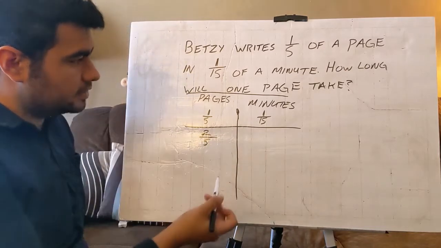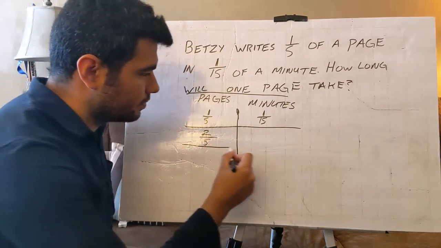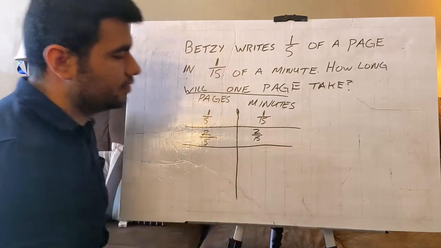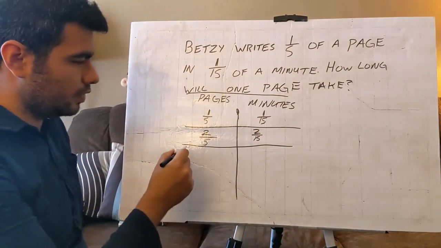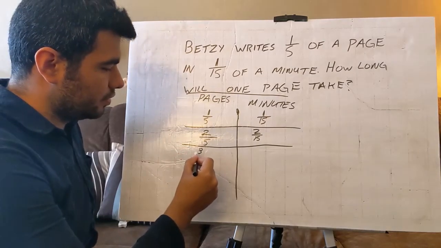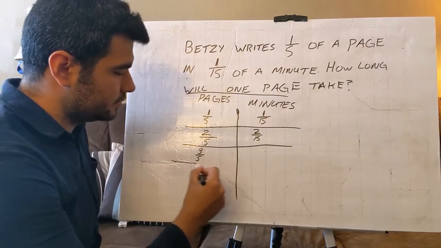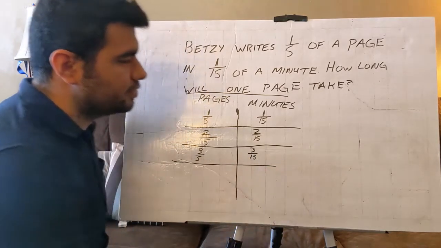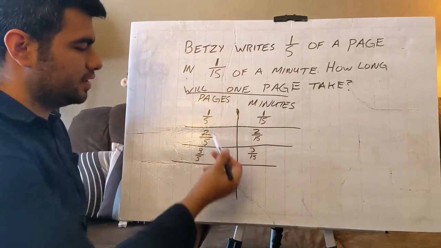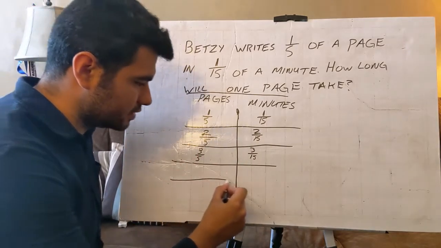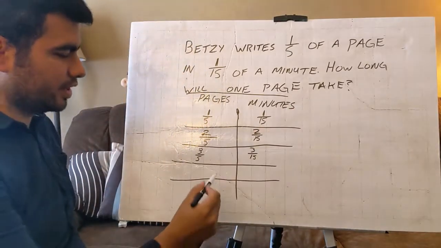So she's 2/5 of the way done with a page, and she's 2/15 of the way done with her minute. I'm going to keep going. 3/5, 3/15. All I'm doing here is adding another 1/15 and another 1/5 as the pages get bigger and as the minutes go. They're both going up by the same rate.